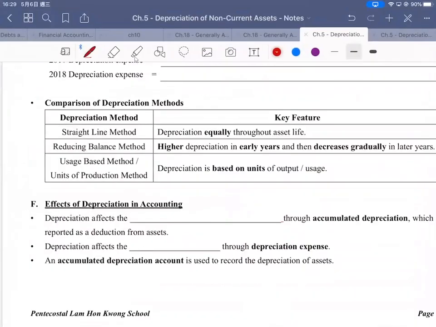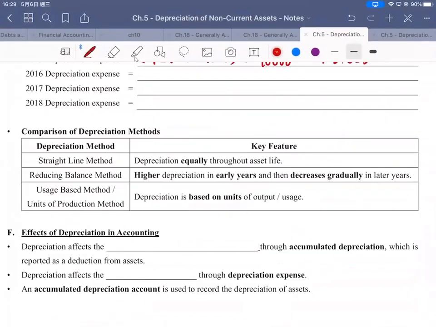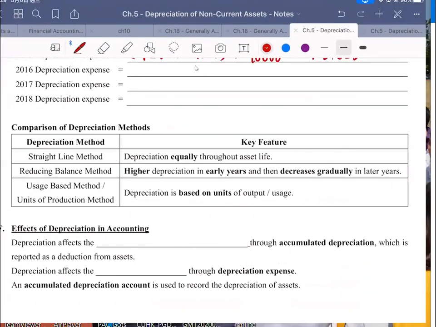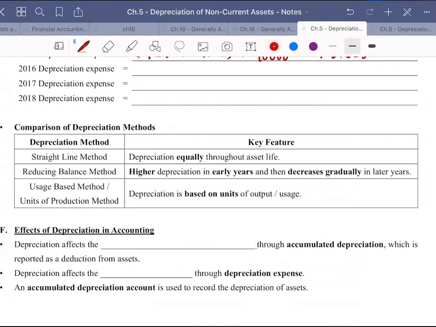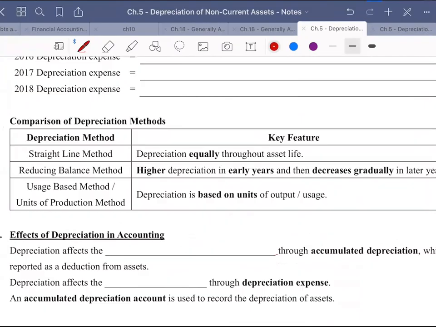So I see most of you can get the correct amounts, and I would go on to the next part of the notes. And here's a summary for the 3 depreciation methods. We can see that for the straight line method, the depreciation is equally or evenly distributed throughout the whole asset's life. So you can highlight the keywords equally, and you can add evenly distribute.